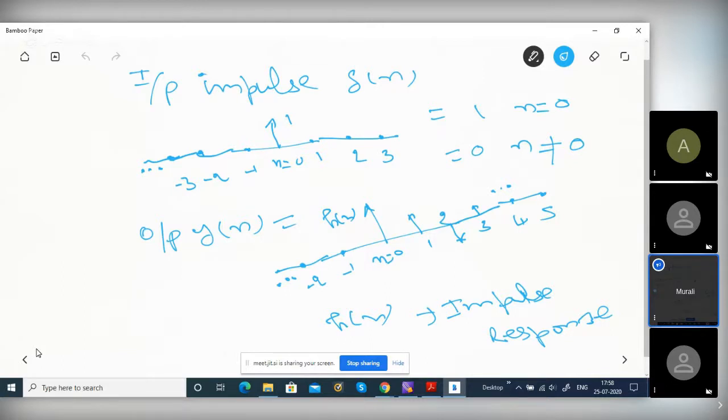A system need not be like this. It can slowly die down but never be 0. H of n can go on till infinity, with smaller and smaller non-zero values. That is called infinite impulse response. Is it clear?